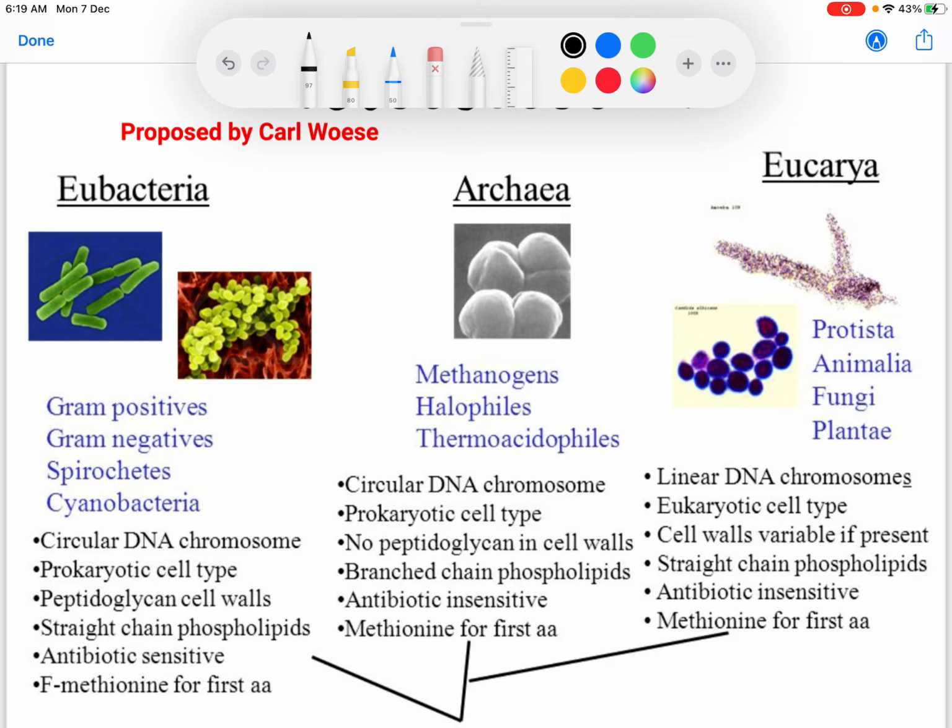The basic characteristics of those organisms are that they have circular DNA, they are prokaryotic, their cell walls do not have peptidoglycan, they have branched chain phospholipids in the cell membrane, they are antibiotic insensitive, they are not harmed by antibiotics, and methionine for the first amino acid. You will not be able to understand this right now, so I am not going to explain it.